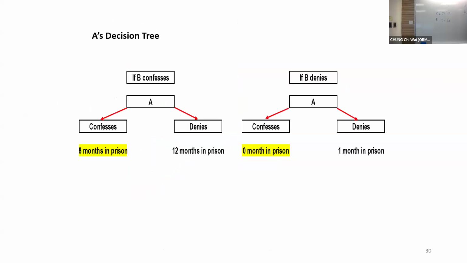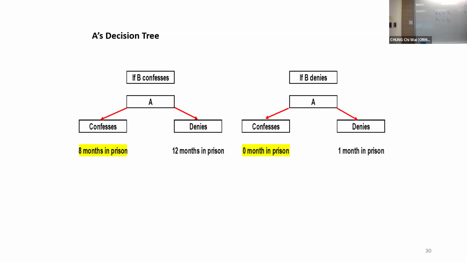So if B chooses confess, then A chooses confess, it runs this. And if A chooses deny, then the outcome is this. If B chooses deny, A chooses confess, still runs this. And if A chooses deny, 1 month.